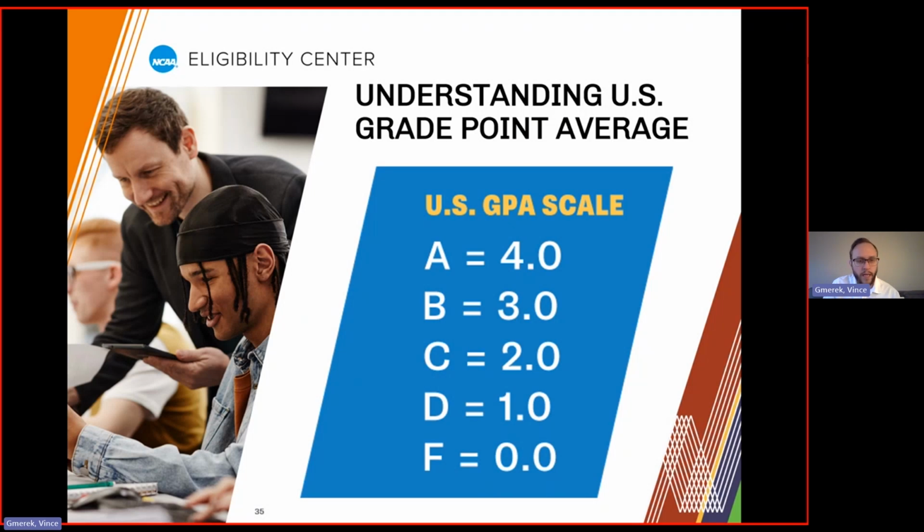Now, most of the time for most international certifications, grades of F are not awarded credit and therefore are not used. So if you have failed courses in your secondary school career, most of the time those would not negatively impact your GPA. However, it also means that we would not award credit for the course, so you would have to have a credit in another course to make up the credit that you will not be receiving for the failed course.